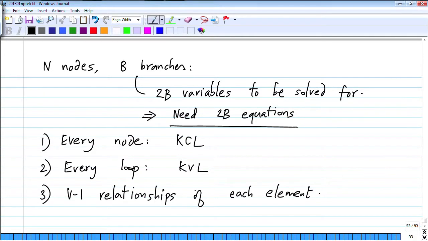So from these things we have to pick the appropriate set of equations and then solve for the circuit.